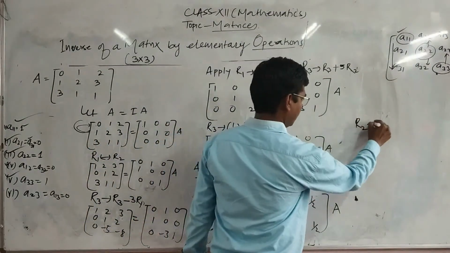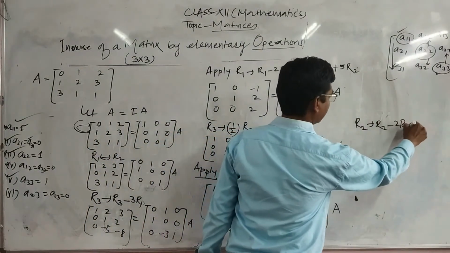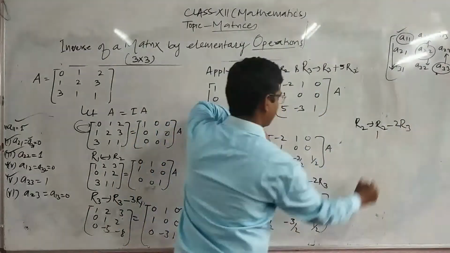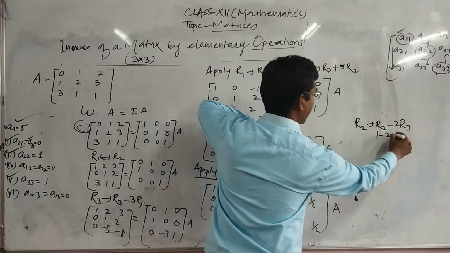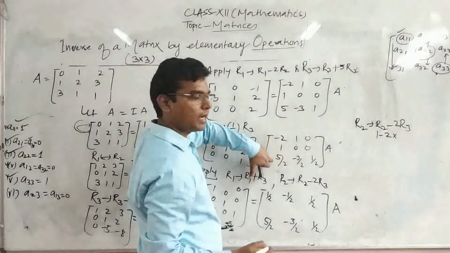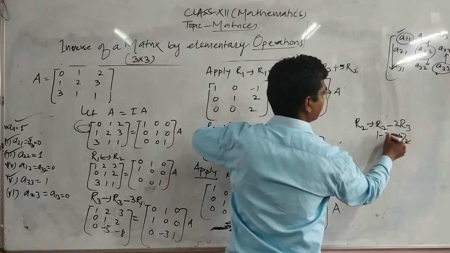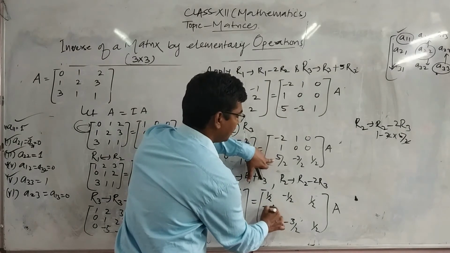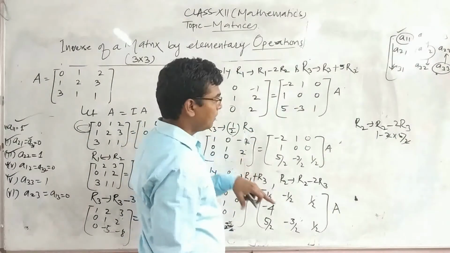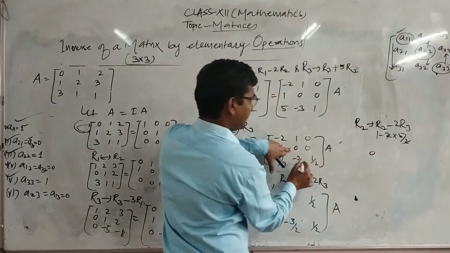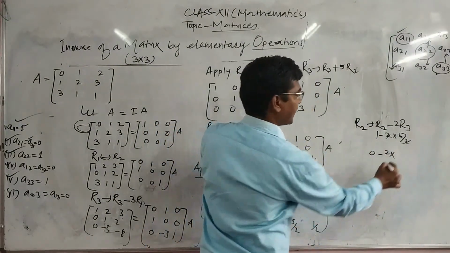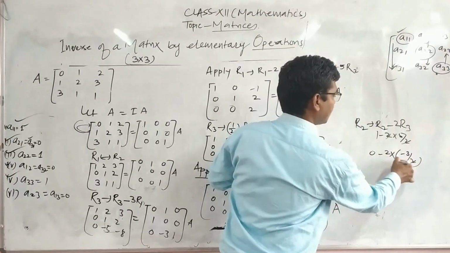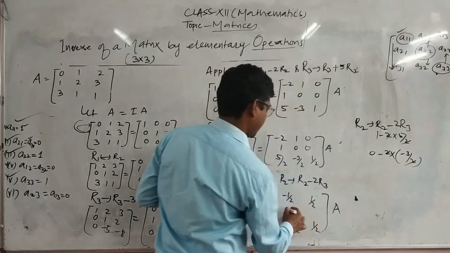So in R2 what we have to do is R2 minus 2R3. This is our R2, row number 2. This is 1 minus 2 times the corresponding element, 5 by 2. The 2 cancels, so 1 minus 5 will be minus 4. Right? Now the second element of R2 is 0, and minus 2 into the corresponding element minus 3 by 2 will be plus 3.